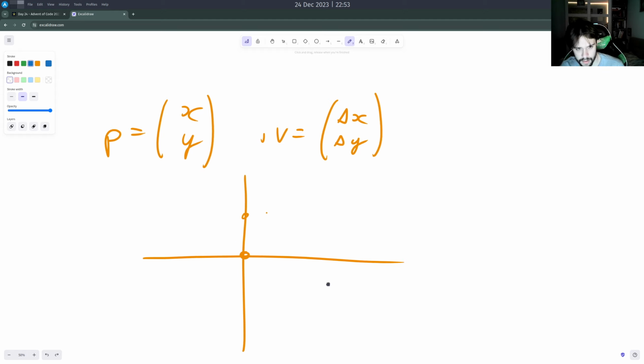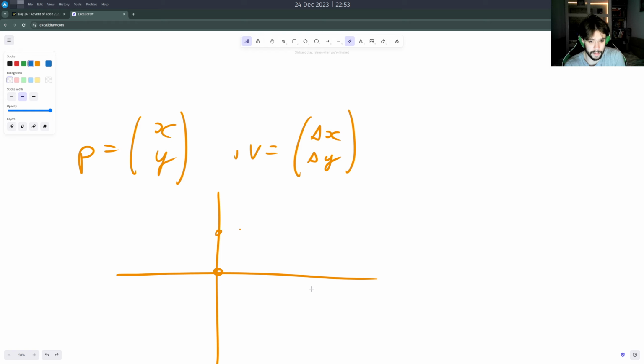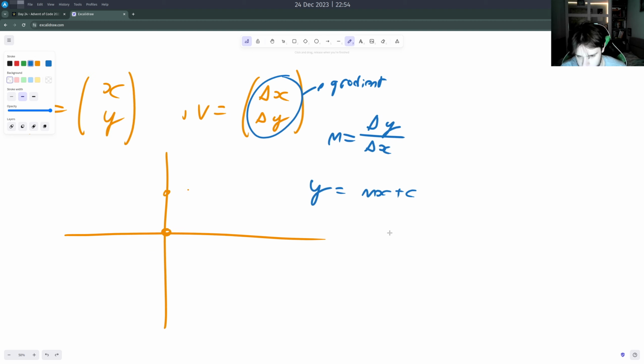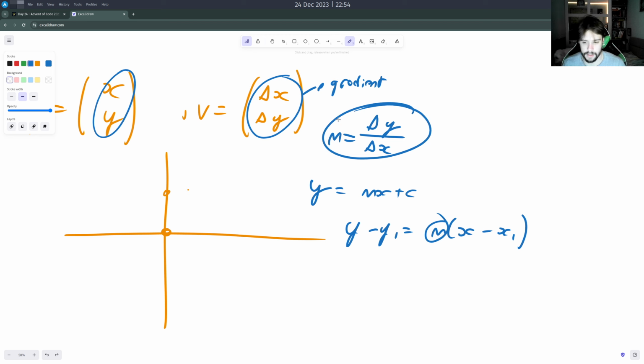by solving equations. So we're given an initial position, we're given the velocity, so that's the gradient. So gradient m is change in y over change in x. If you remember, y equals mx plus c. Well, actually, a much better equation is y minus y1 equals m(x minus x1). So we can take these x's that we know, substitute m where m is this, and we have a system of equations.